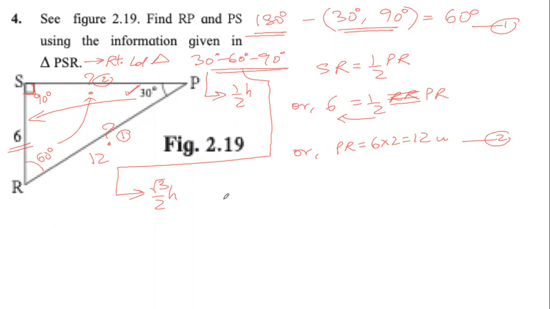So PS equals √3/2 into hypotenuse, which is PR, and we know PR is equal to 12. 12 divided by 2 is 6. 6 into √3 is 6√3 units. We have the complete answer.